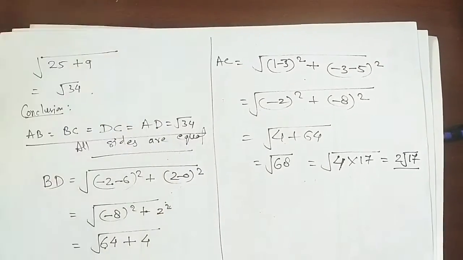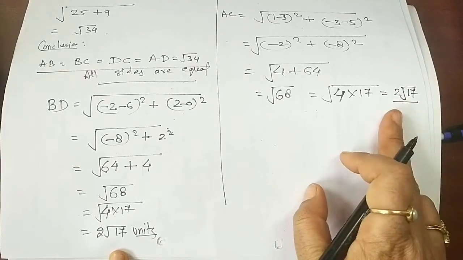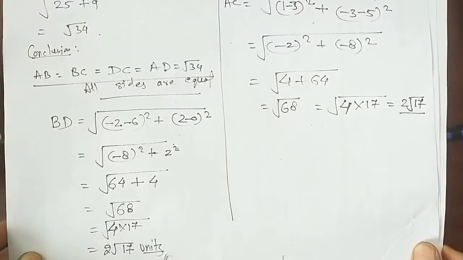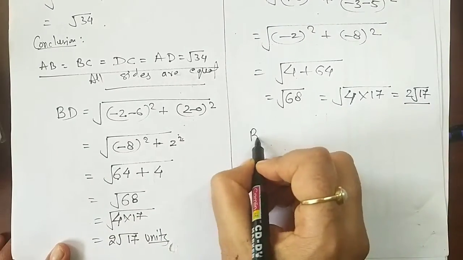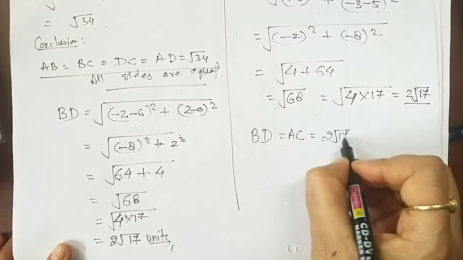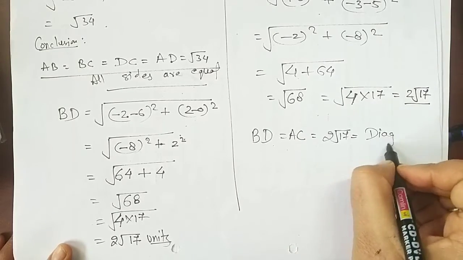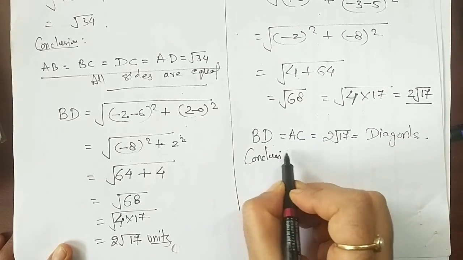So guys, see clearly, this was also the same thing and this is also the same thing. So I am getting both of the diagonals: BD is equal to AC, 2 root 17. So what is the final conclusion?